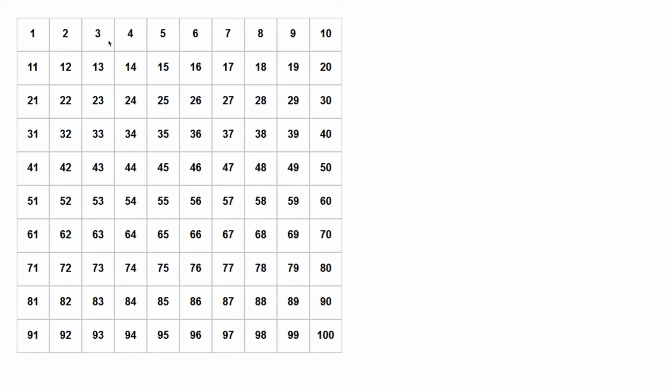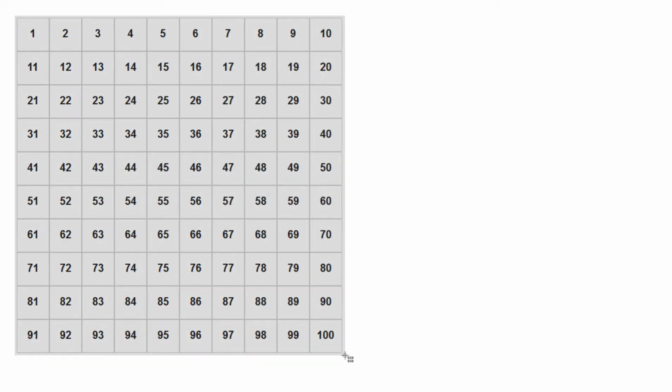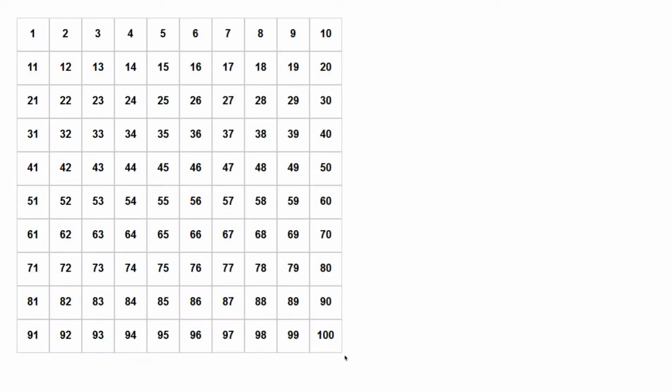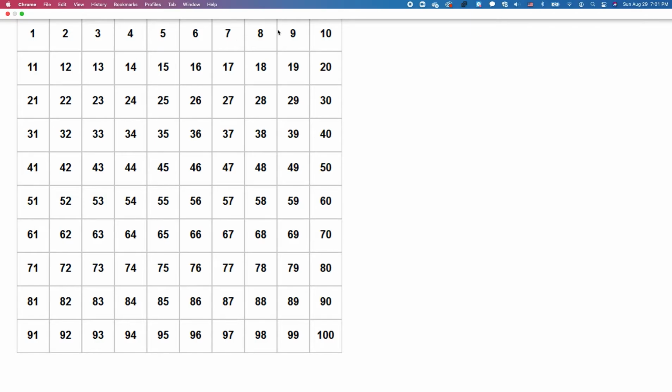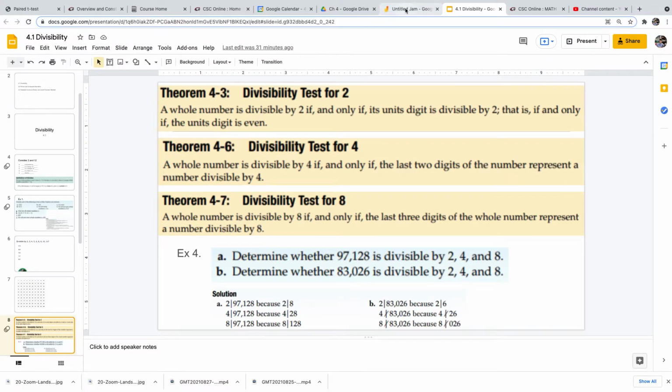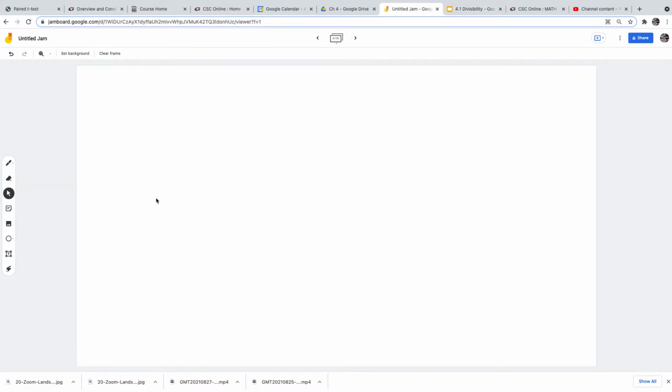How about I actually put this in Jamboard and we do that together. So let me bring that up. Okay, so I got that. Let me put it on the Jamboard here.